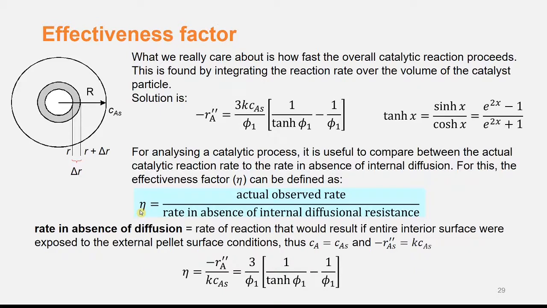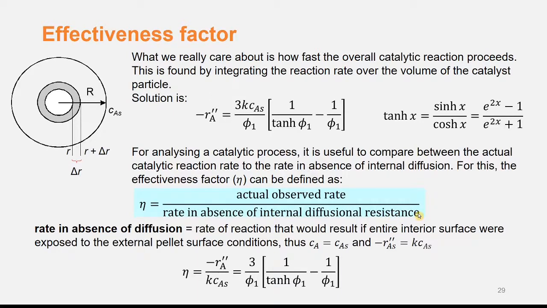So the parameter eta, which is called the effectiveness factor, is defined as the actual observed rate divided by the rate that would occur if there were no diffusion resistance.